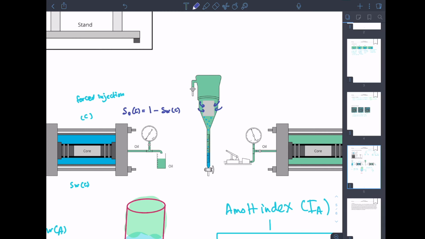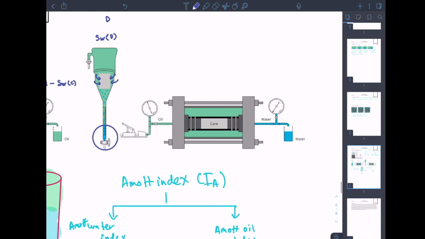If we want the water to be recorded, we have to invert the cell so we can record the volume of water left. Or after we finish, we can extract the core sample from the cell and weigh it to use material balance to find the saturation. That will be SW at point D. So this is point D.